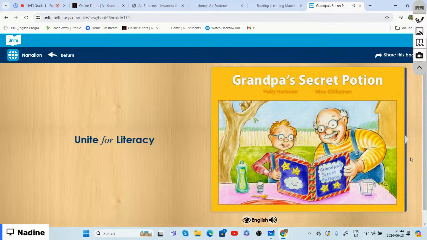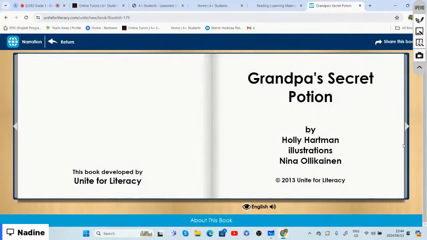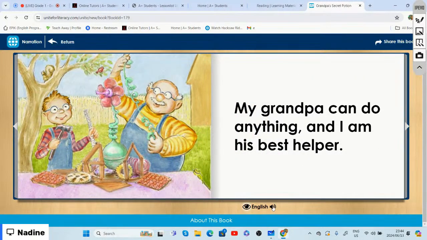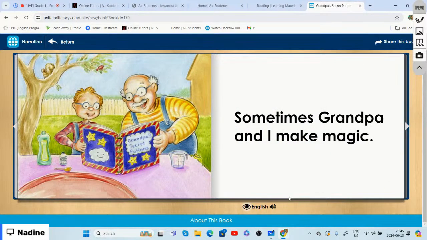Grandpa's Secret Potion by Holly Hartman. Illustrations by Nina Olakainen. My grandpa can do anything, and I am his best helper. Sometimes Grandpa and I make magic.